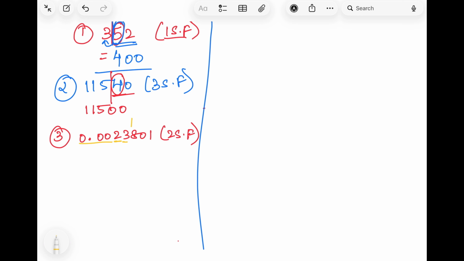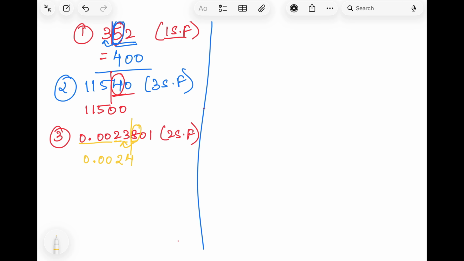After the second number, we put a line. Then we check the third number, that is 8, obviously more than 5. So we add 1 to the previous number. So this becomes 0.0024.